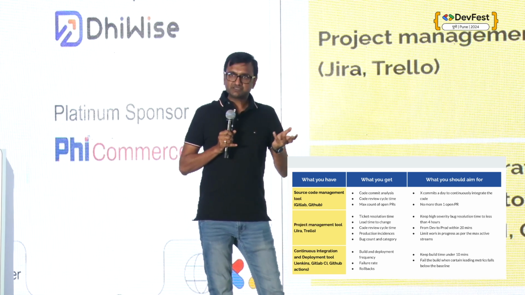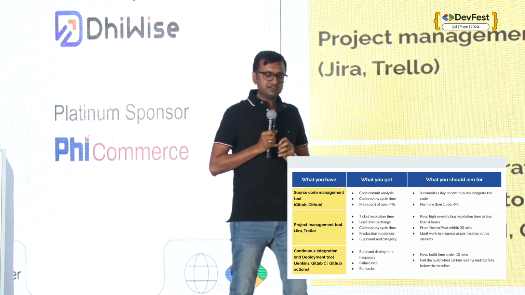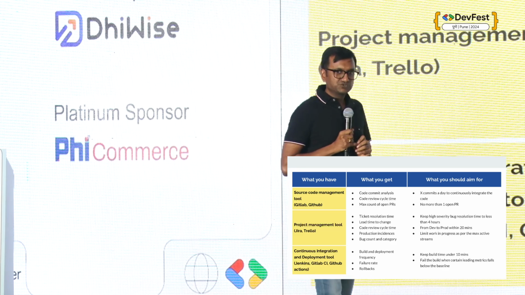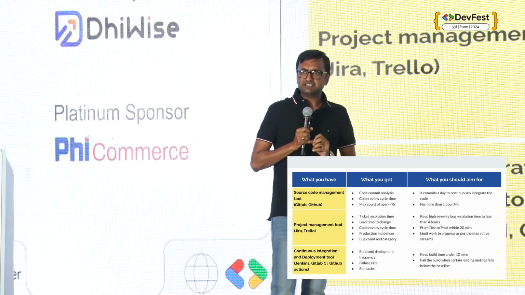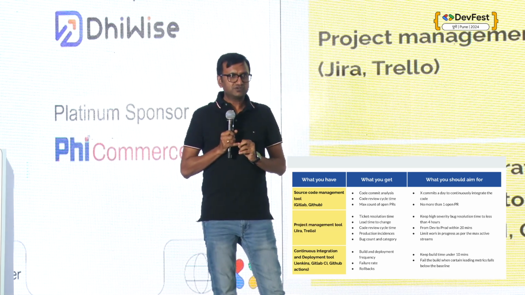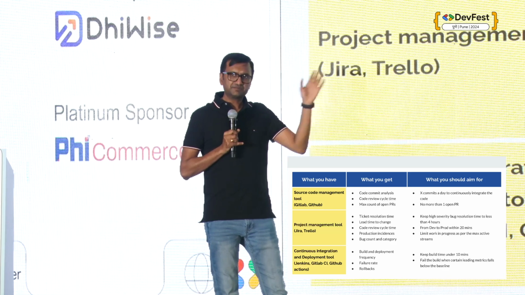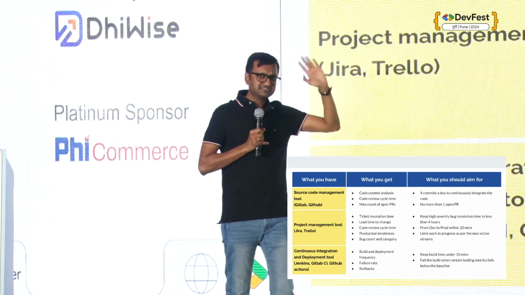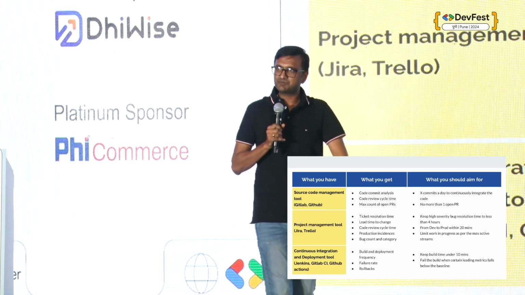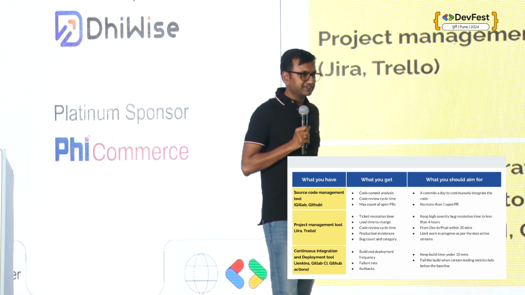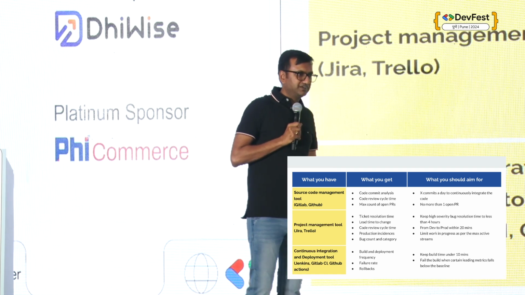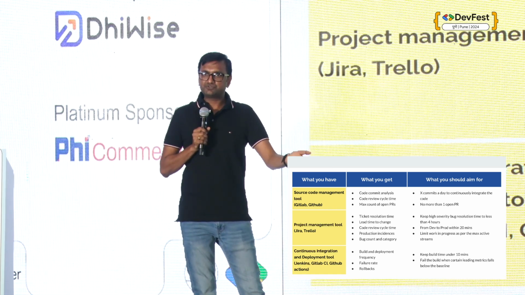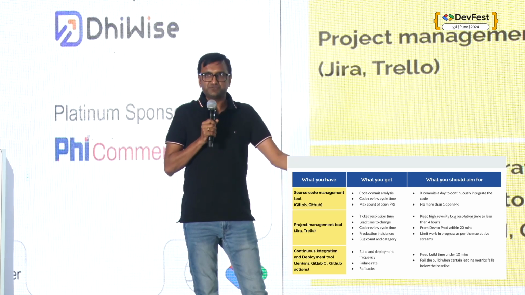Limit your work in progress, right? How many of us use some sort of continuous integration and continuous delivery tool? GitLab CI, GitHub Actions, Circle CI, something or the other, right? All of them come with some important metrics to offer, to let you know the failure rate. How many times the build failed?